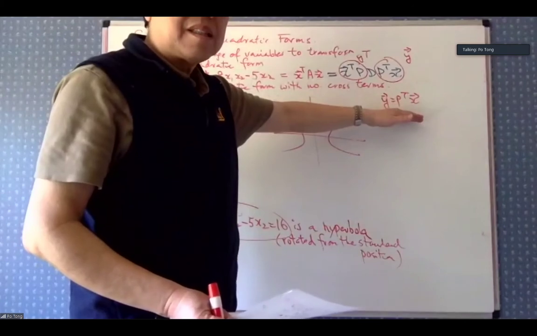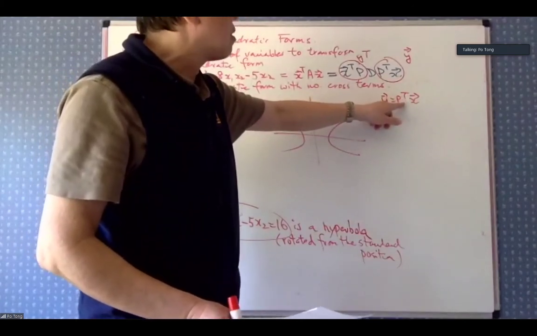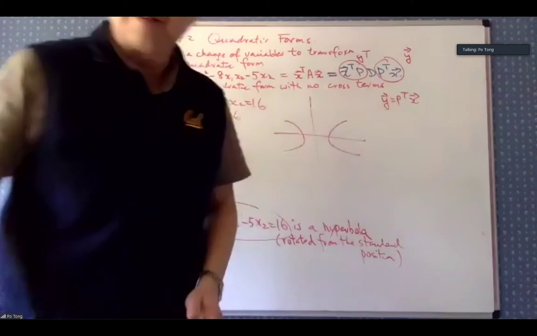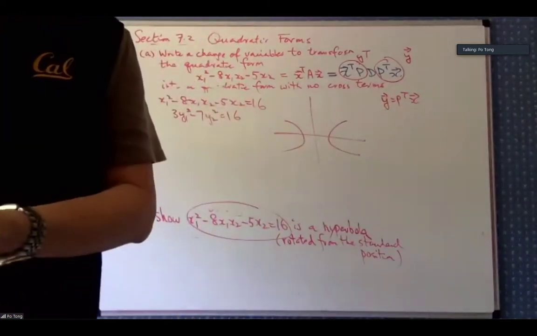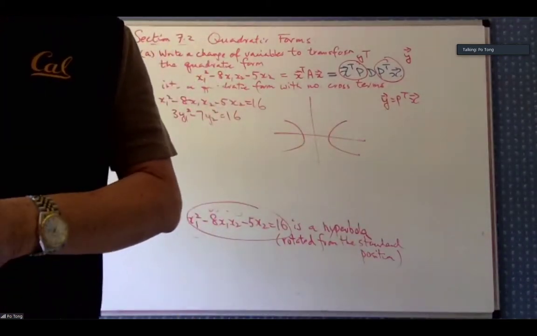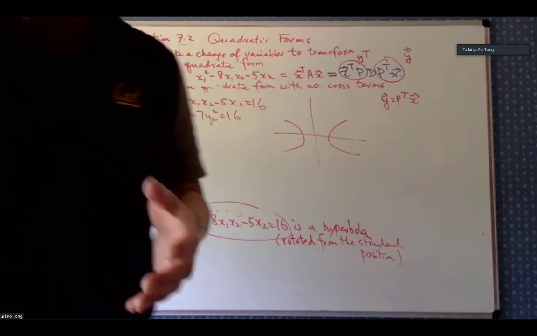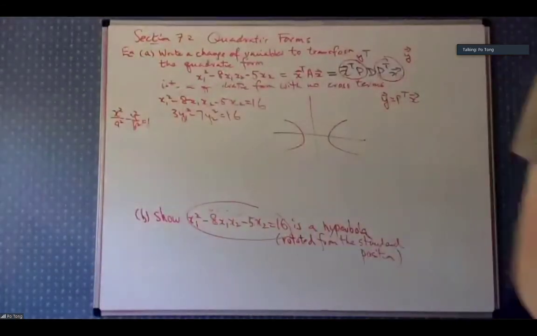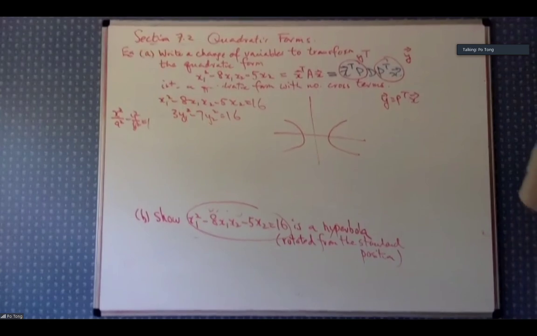This transformation, this P matrix, is the columns of the eigenvectors. So I'm going to show you the picture from the book, and it will demonstrate what is going on.